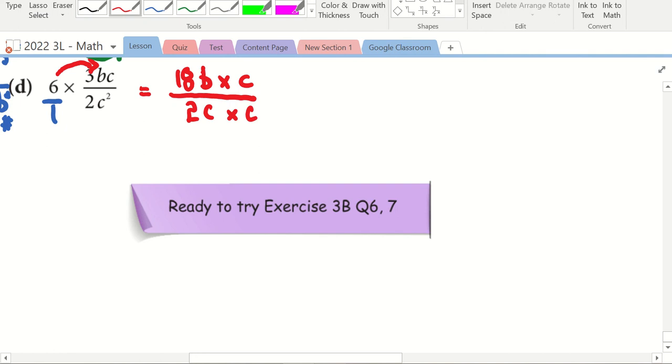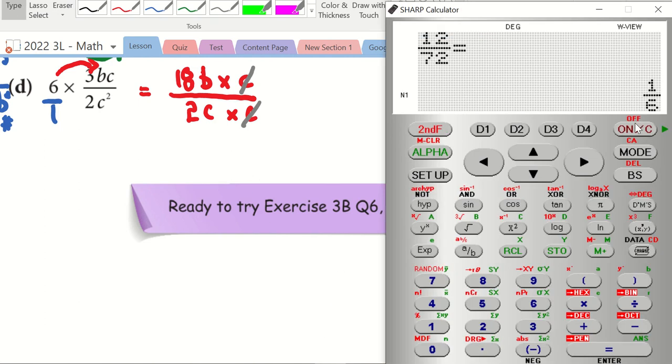Okay. There are two things to do. First thing, any common term to reduce. C. I cancel. Then the number, I press calculator. This is the part a lot of you ask me. So, 18 over 2. Teacher, don't have fraction. It's just number 9. What's the meaning of 9? 9 over 1.